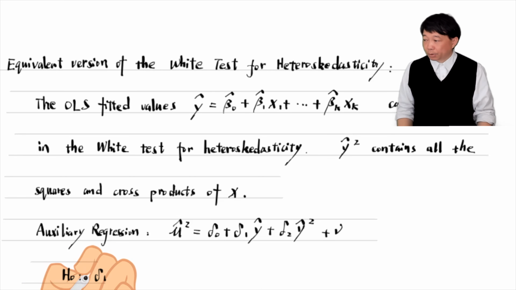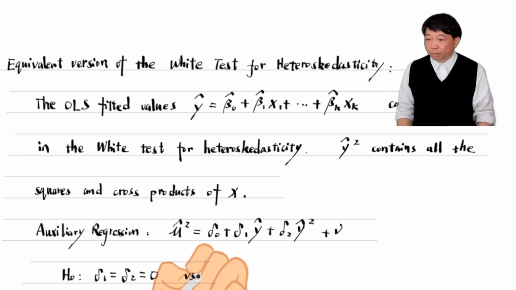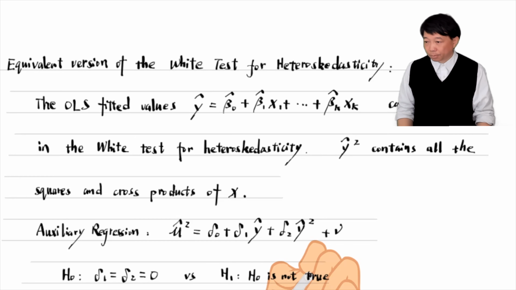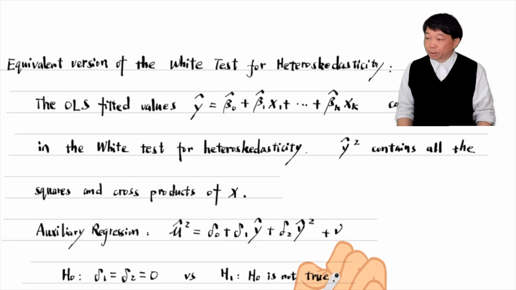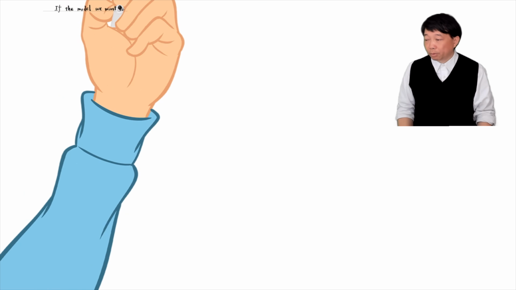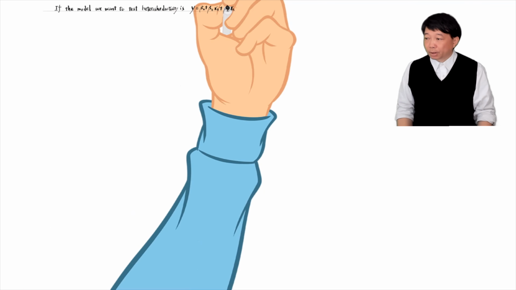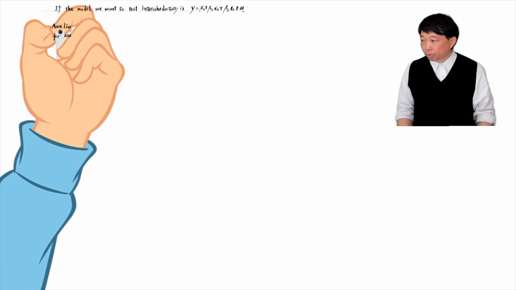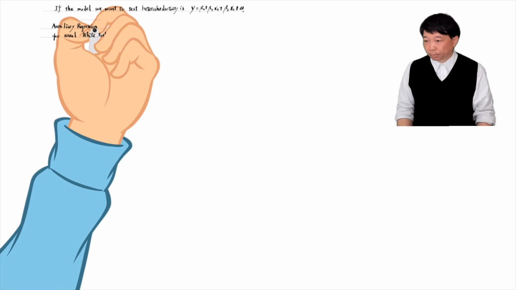The null hypothesis of the White test has only 2 restrictions. If we reject it, we suspect the model exhibits heteroskedasticity. We can show that the 2 versions of the White test are equivalent. Here's the case with 2 explanatory variables in the original model.